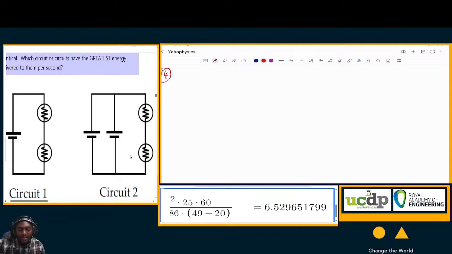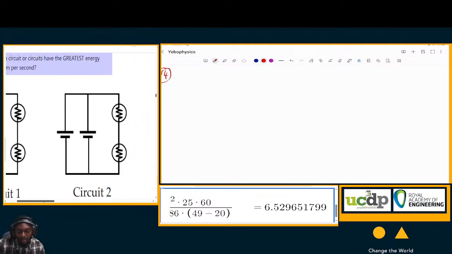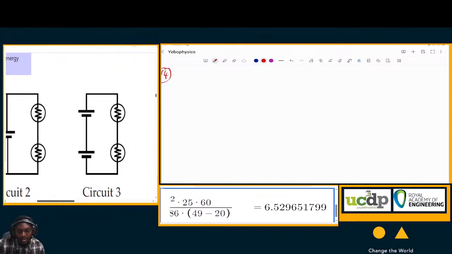Then the second one, you've got two batteries connected in parallel, which means the effective voltage across the bulbs would be that of a single battery. So voltage in parallel is always the same.